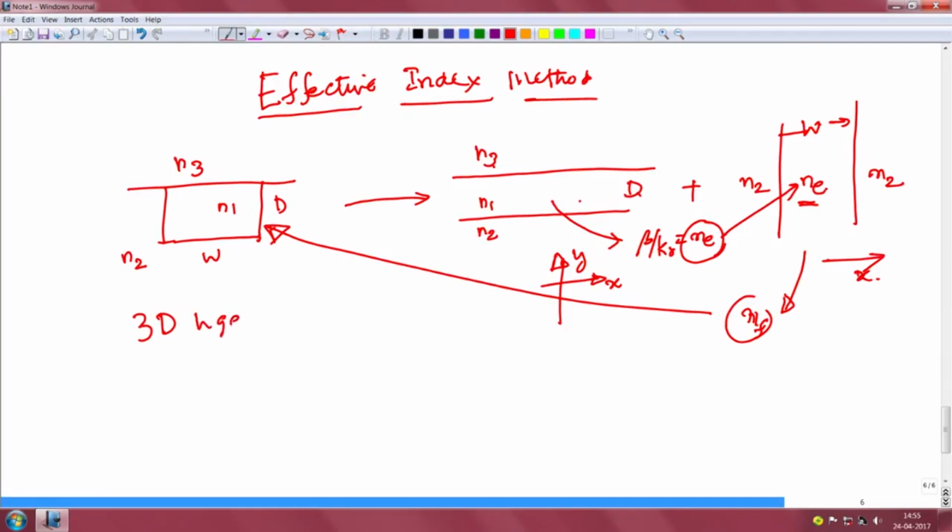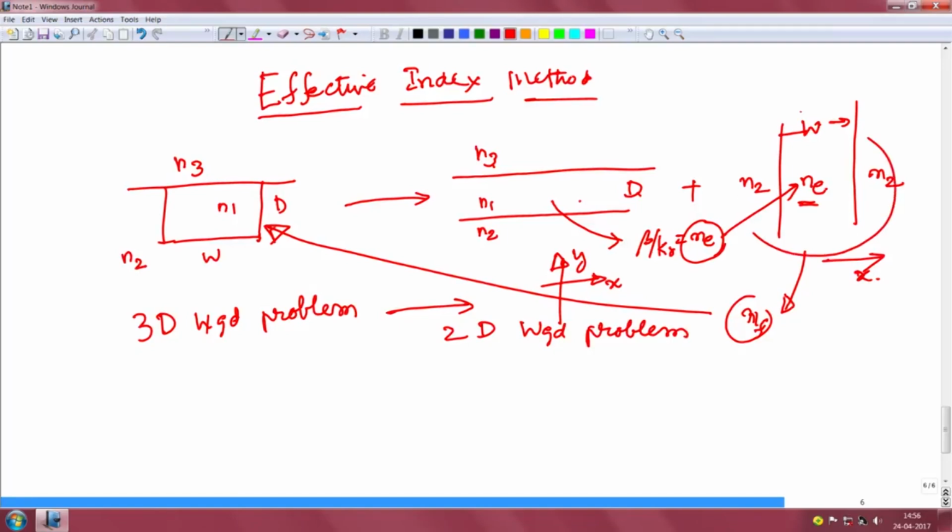The 3D waveguide problem is converted to a 2D waveguide problem. In other words, we can say that this waveguide is equivalent to the given channel waveguide and is quite easy to handle compared to the 3D example. So, this has many advantages and many applications. We can use it for many other devices.